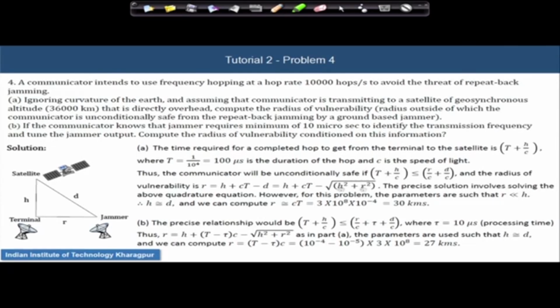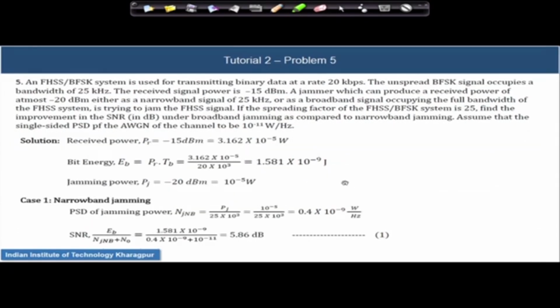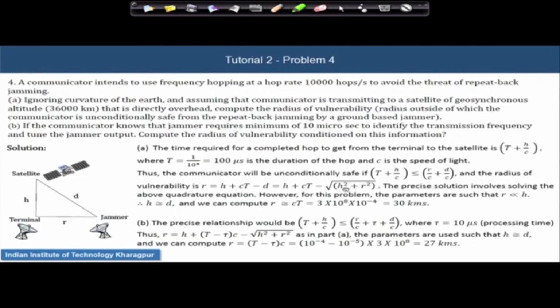The calculation of r requires solution of this equation. However, we can make use of the condition that r, the distance between the terminal and the jammer, is much less than h.